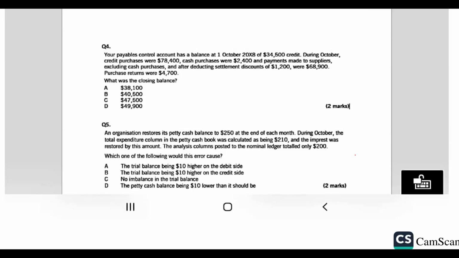Then the total expenditure, the actual amount that they have spent, is 210. That's the actual amount that has gone out.